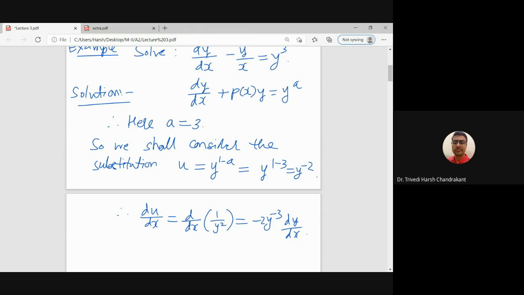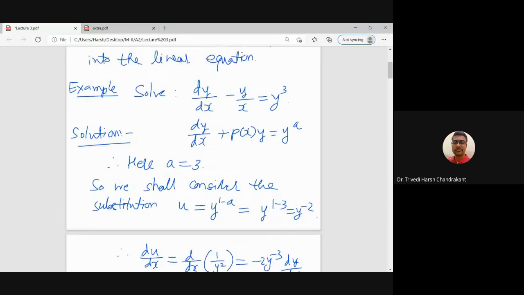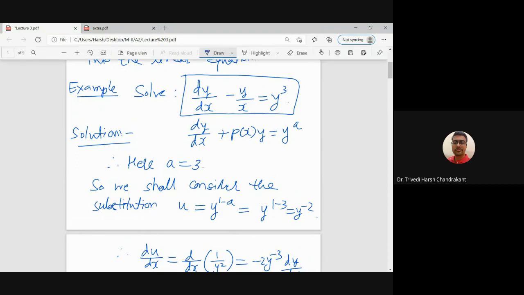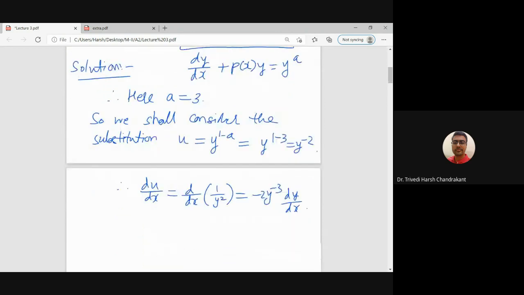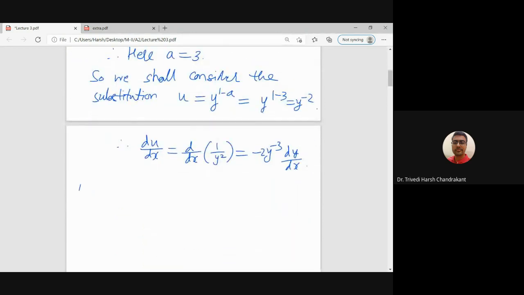So we substitute u = y^(-2) and du/dx is this term. What we are essentially doing is making the power of this function a single power of y.